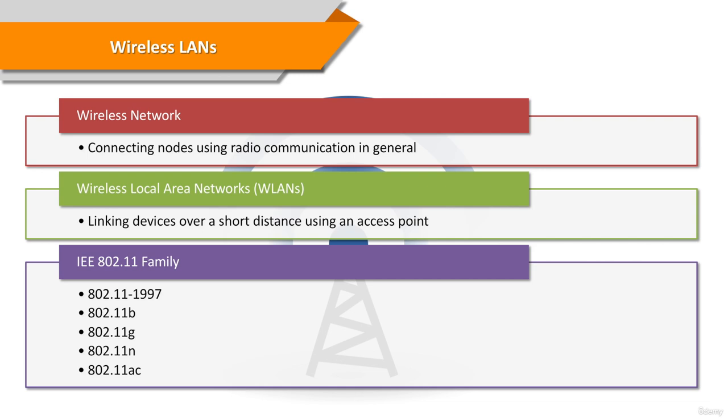802.11-1997 was the first wireless networking standard. But 802.11b was the first widely accepted one, followed by 802.11g and then 802.11n. 802.11n is an amendment that improves upon the previous 802.11 standards by adding multiple input, multiple output antennas, MIMO. MIMO is basically a method for multiplying the capacity of a radio link using multiple transmit and receive antennas.